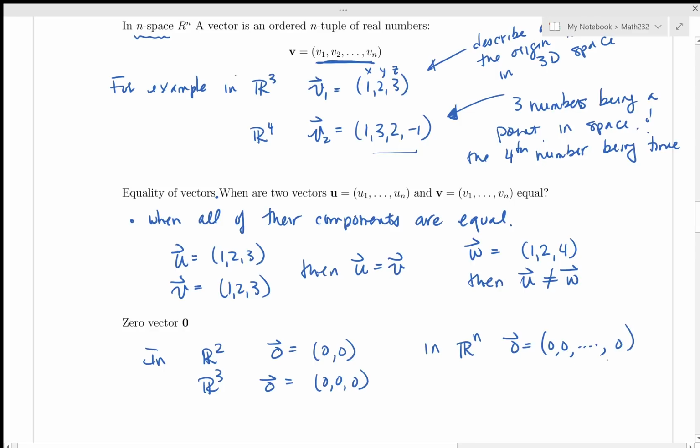Okay, and there's n of these. So this is the origin in Rn.